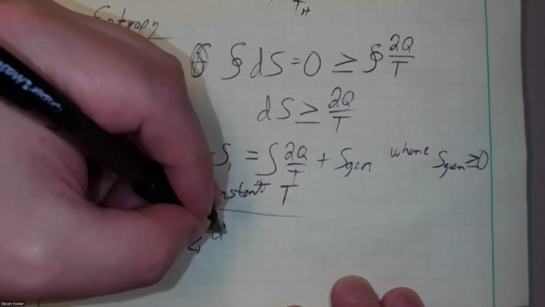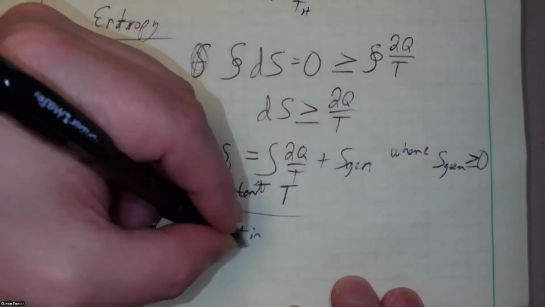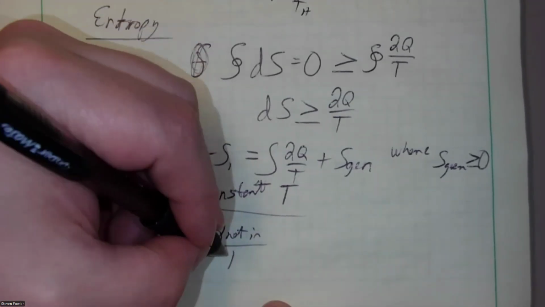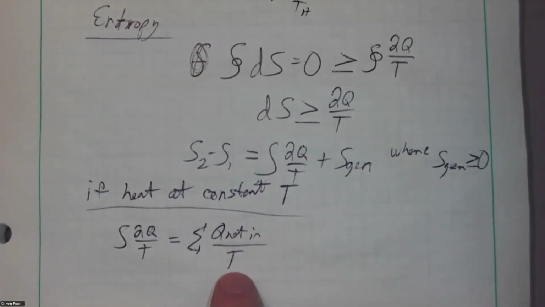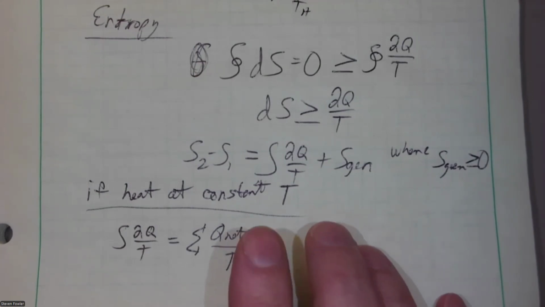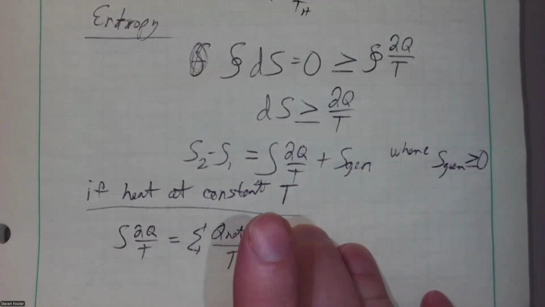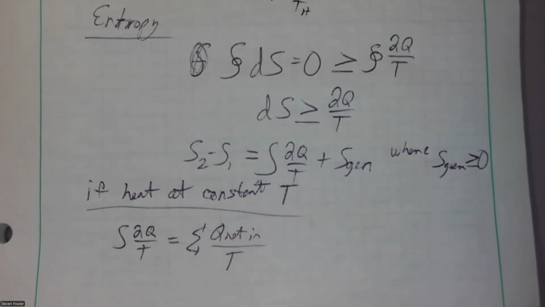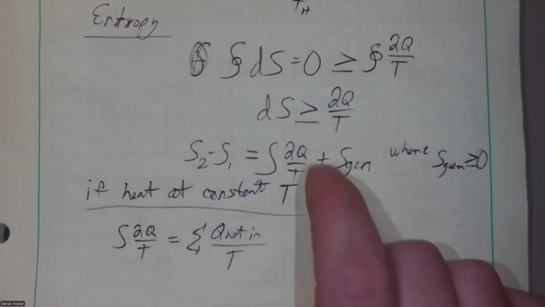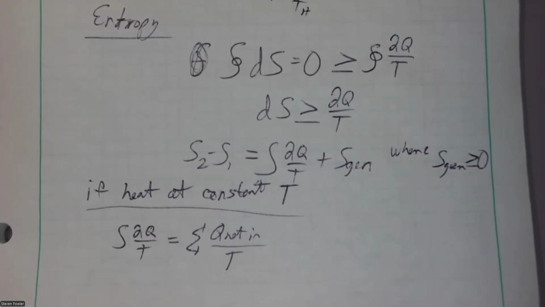Then this becomes a sum: anywhere you have heat transfer, you divide it by the temperature. If I've got heat in, I add the heat in divided by the temperature. If I've got heat out, I subtract the heat out divided by the temperature, and this quantity replaces the integral. We've seen a couple of homework problems, and there was a test exam 3 problem where we did that. So that's showed up a few times.